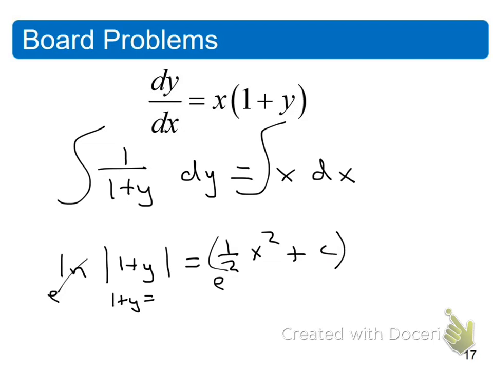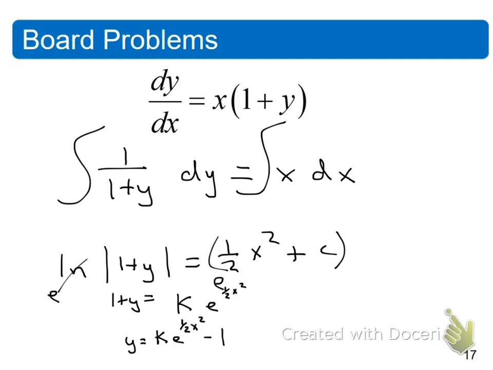So it becomes constant k times e raised to the 1 half x squared. And then what's our last step to solve for y? Subtract 1, y equals the constant k, e to the 1 half x squared, minus 1.